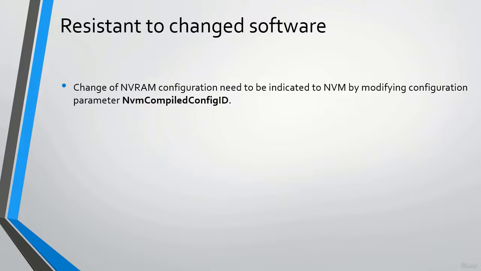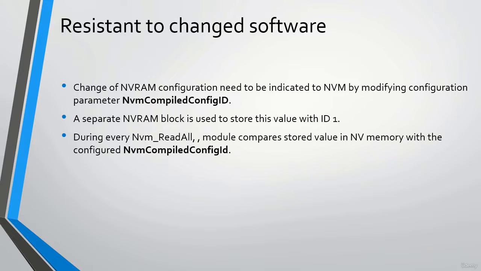It's different from the previous configuration. So this needs to be updated, and it can be updated in this NVM compiled config ID. For this, we will be using a separate NVRAM block, which we discussed, with the ID 1.